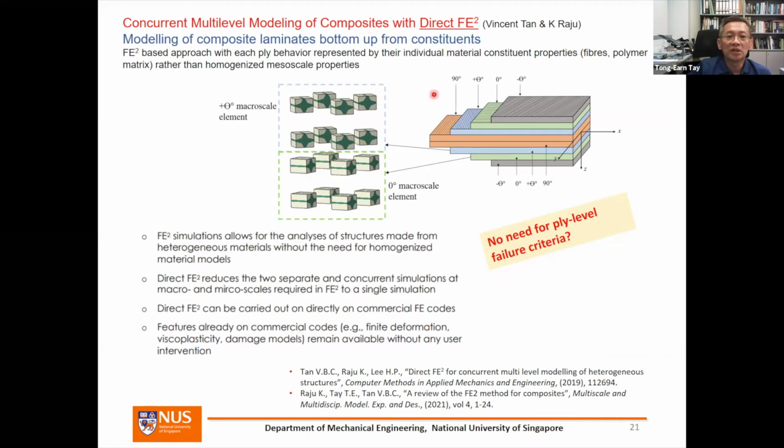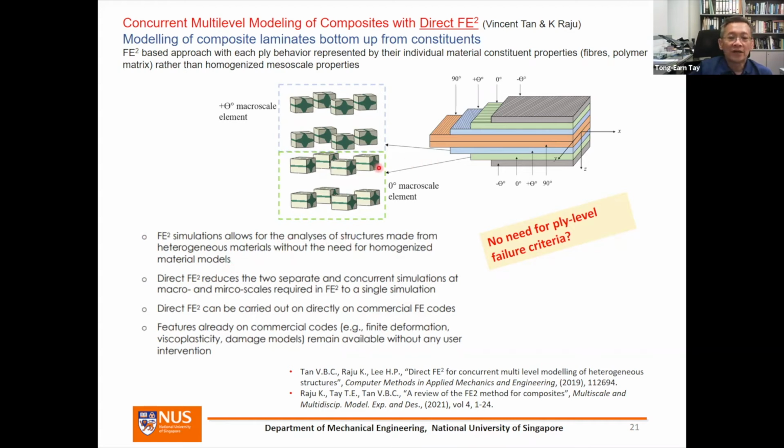Now, the FE square method is not new, but the direct FE square is a very good innovation because it enables you to use commercial codes like Abaqus with minimal coding, and also FE square allows for analysis of structures made of heterogeneous material without the need for homogenized material properties.